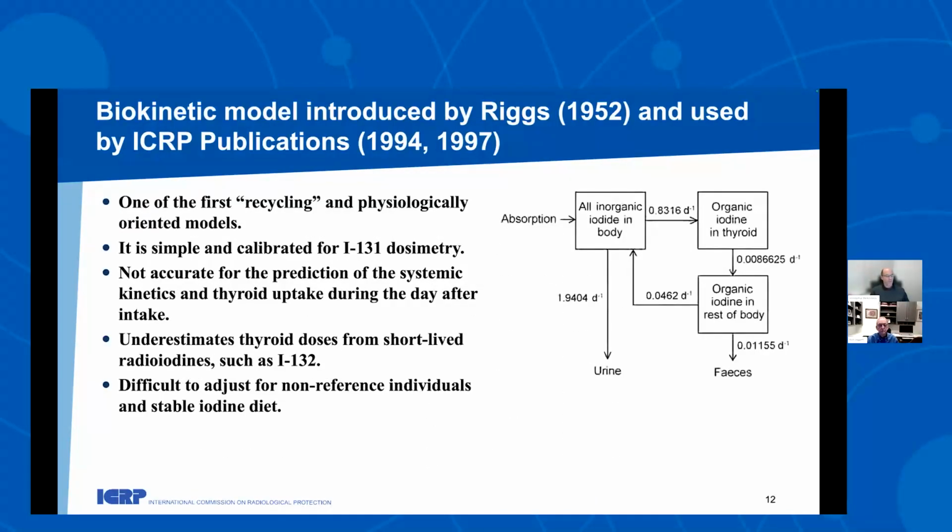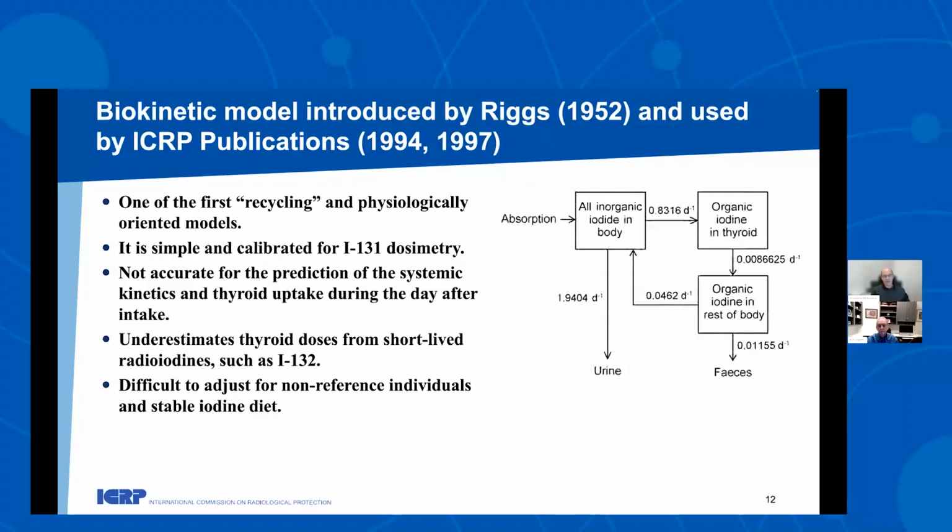So, about modeling. Many of you really have long-term experience in this area, and I'm pretty sure you're familiar with this model. Riggs' model is rather classical, the famous 3-compartmental model. It's probably one of the first really recycling and physiologically oriented models.